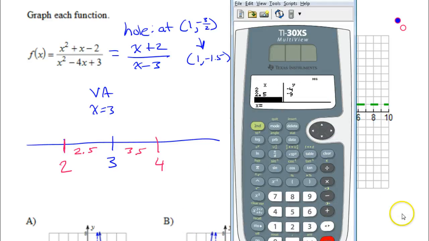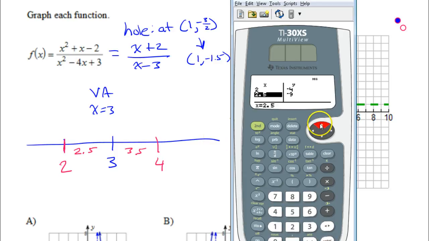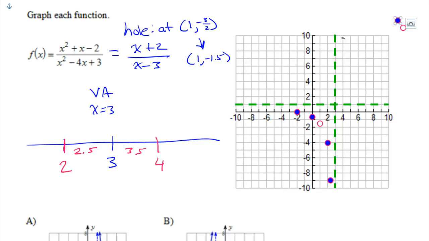And I've got (2.5, -9). Alright, now I need to do 3.5 and 4. So that's 11 and 6.